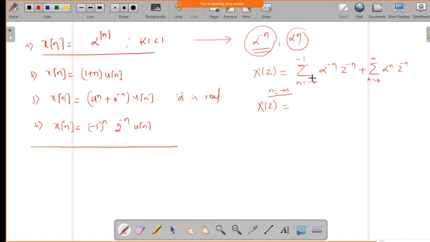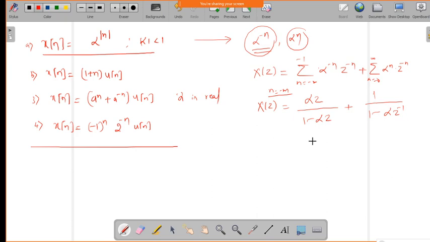Since it is 1 to infinity, you have to use the alpha by 1 minus alpha formula. So you will get alpha z by 1 minus alpha z. Is it fine? Yes, sir. Okay, so the second term is alpha into z power minus 1 over 1 minus alpha into z power minus 1.